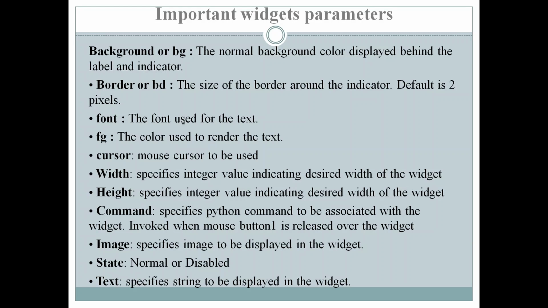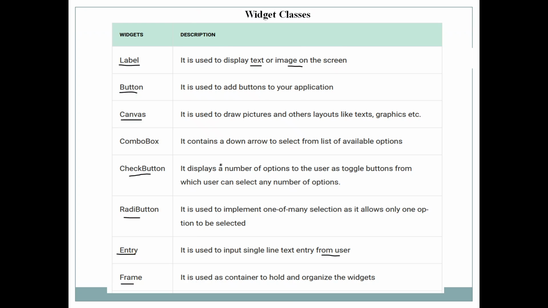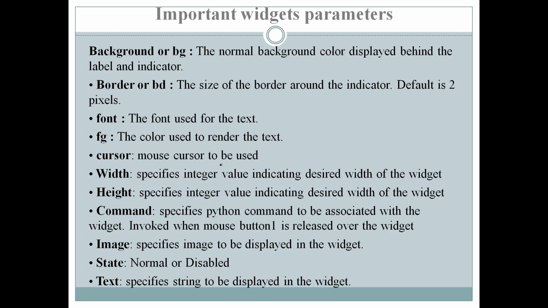Next is important widget parameters. Like in the last case, we have seen how to create widgets. While creating the widgets, as you can see here in the syntax, we pass different options along with their values. So now we will study some of the important options, or important parameters, which can be passed to the widgets.